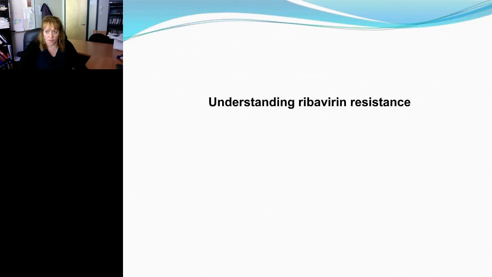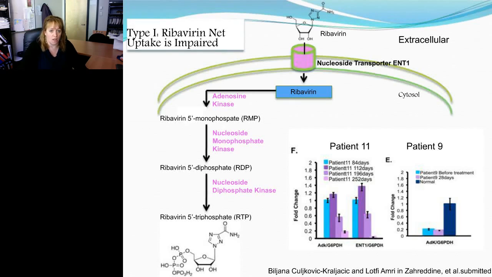So obviously, one of the key things that we would like to understand is the basis of ribavirin resistance, because perhaps that would allow us to get our patients to respond for longer, or for patients that are suffering from primary resistance to respond at all. So here is just showing you some of the biochemistry of ribavirin entry into the cell. So here is ribavirin.